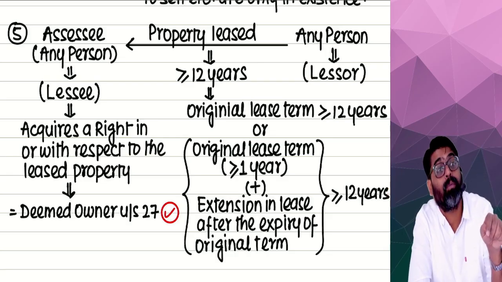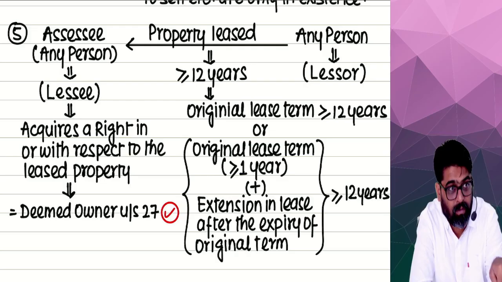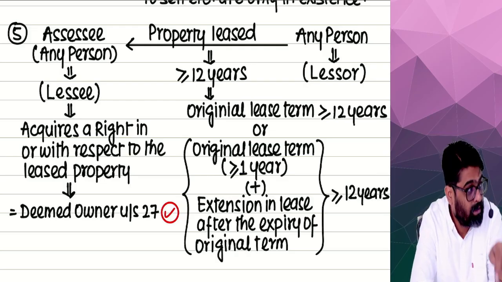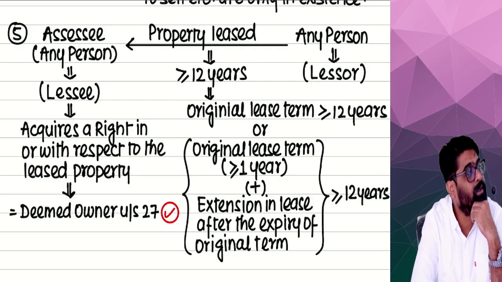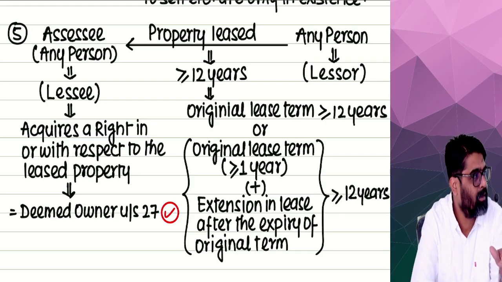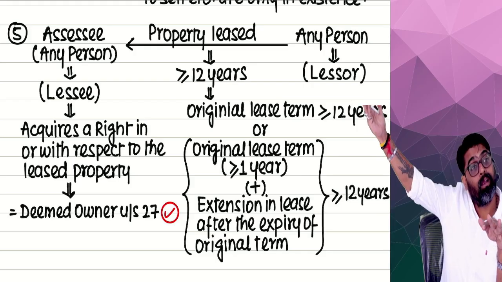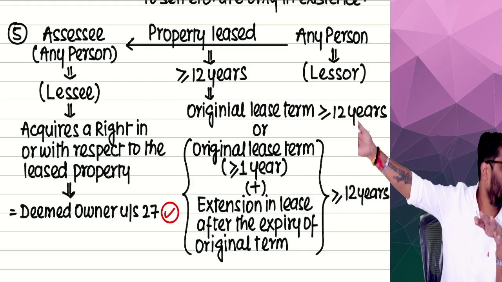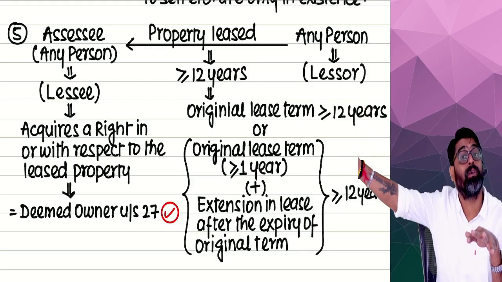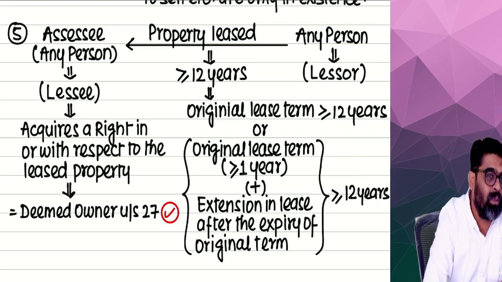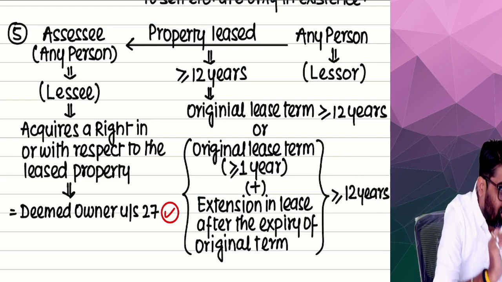So I am giving the property on rent in this year. But what is the original lease term? 11 months. After the expiry of this, it can be renewed for 25 more years. Getting my point? So the extension term is 25, but the original term is less than 1 year.